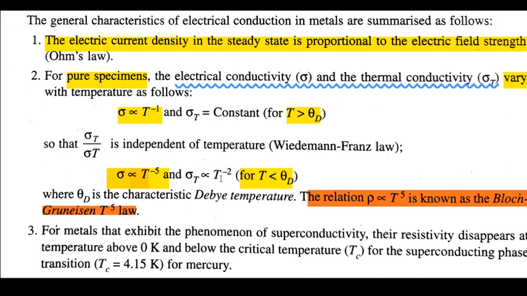The noticeable information is over here. The electrical conductivity varies with T to the power minus 5, whereas the thermal conductivity varies with just T to the power minus 2. So the thermal conductivity remains almost constant for a higher range of temperature, and when you go very much below, it varies only by a small power.